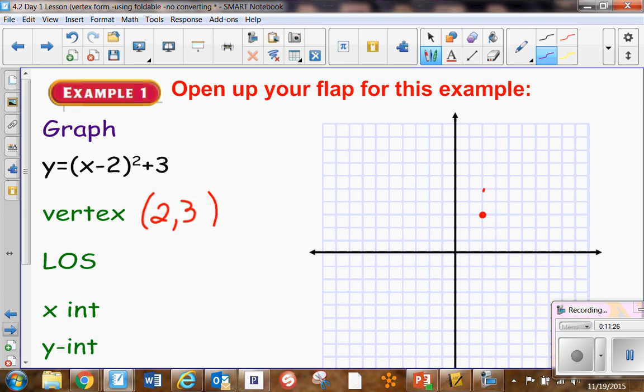So that means my line of symmetry is right here, and that would be x equals 2. This number, remember in the standard form, we got both of those with negative b over 2a. We don't need to do negative b over 2a, but those 2 items right there will always be the same number. Always, always.